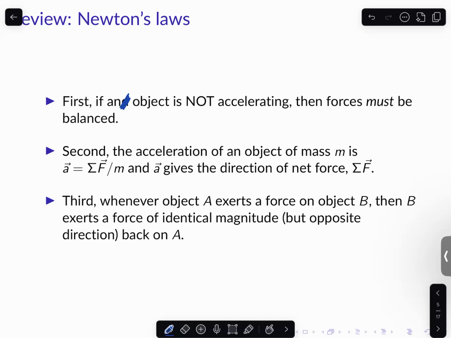I want to emphasize here, by the way, vectors: the direction of the force is the same as the direction of the acceleration. If force is up, so is acceleration. If force is down, so is acceleration. You can find the direction of the total force by looking at which direction the object is accelerating. That shouldn't be super mysterious.